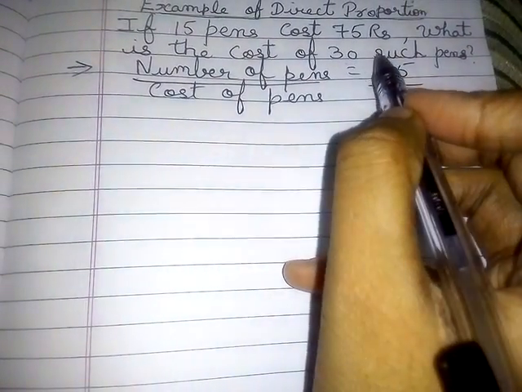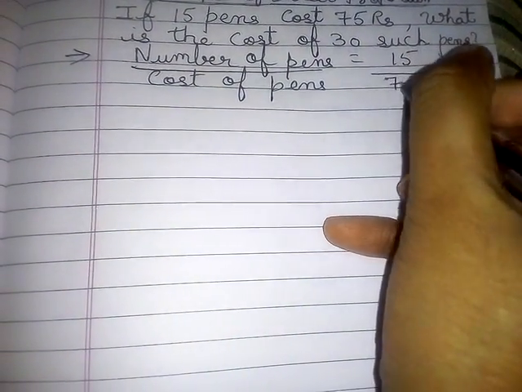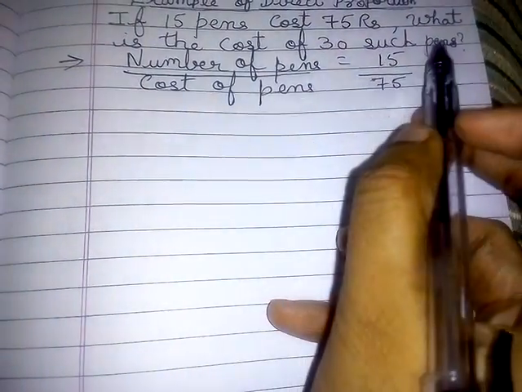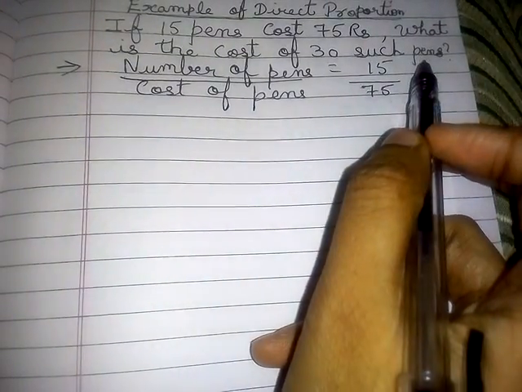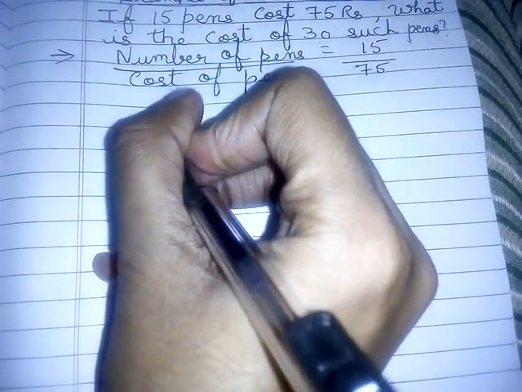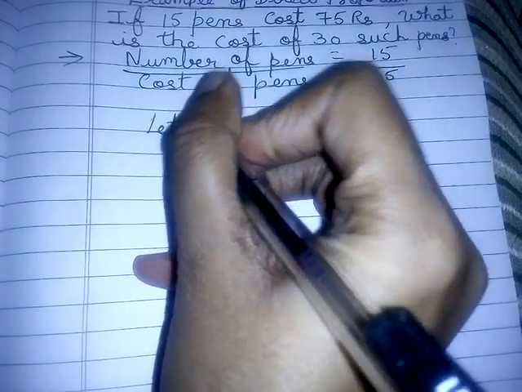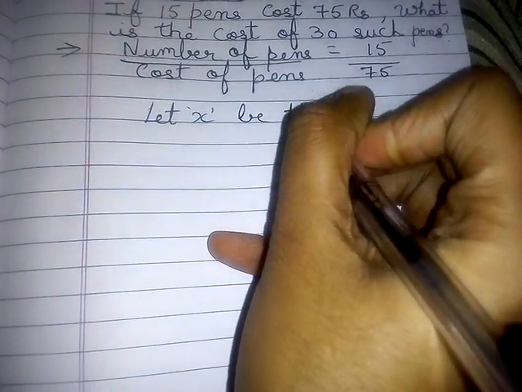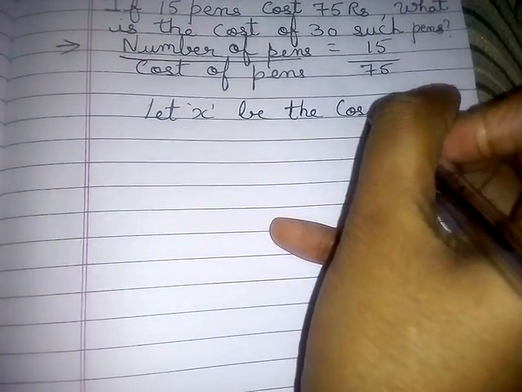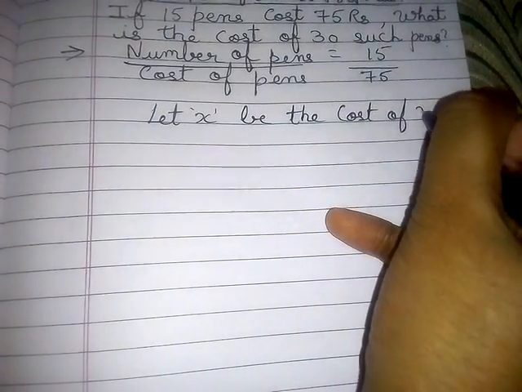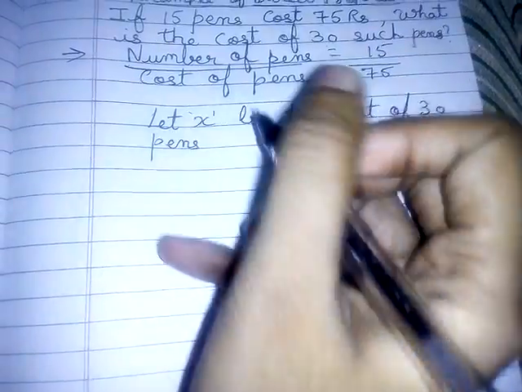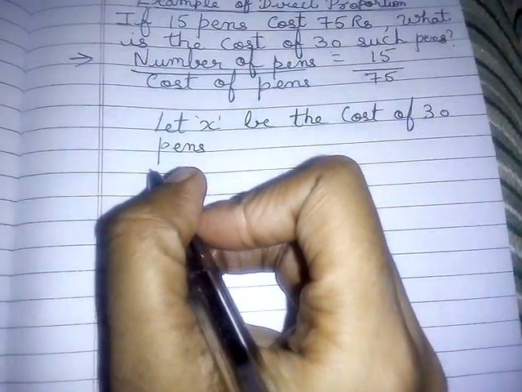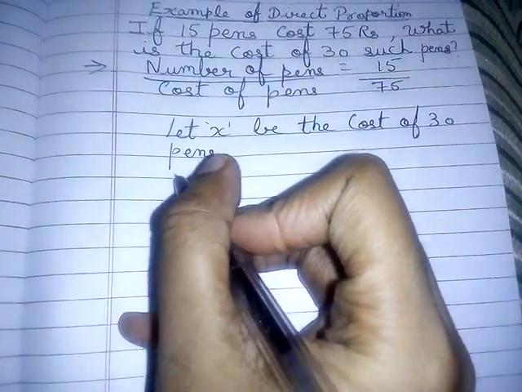Cost of pens is 75. You have to find the cost of 30 pens. Let x be the cost of 30 pens. So again you have to write in ratio form.